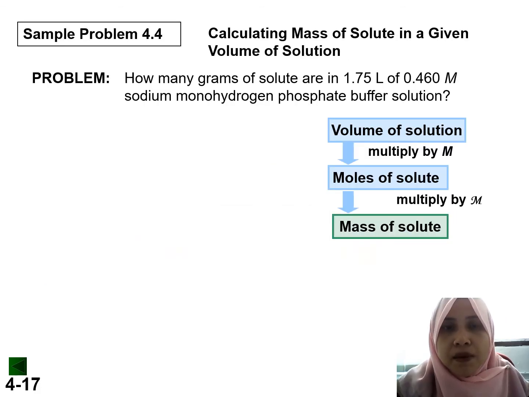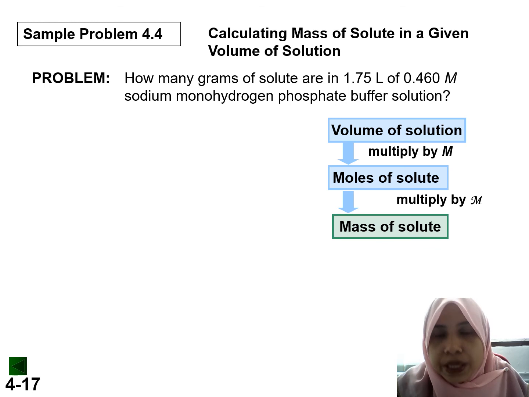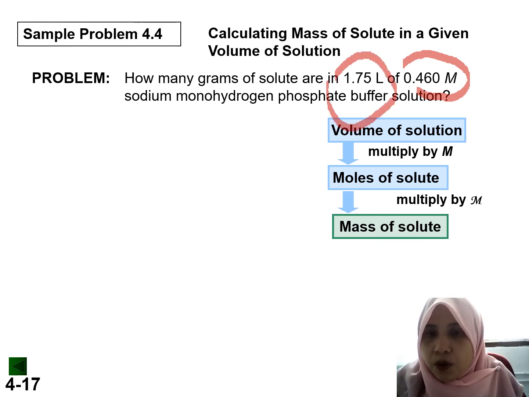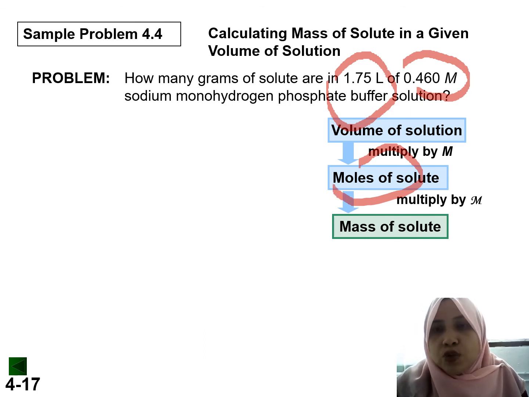Sample problem 4.4 requires you to find the mass of solute, given the concentration of the solution and volume of the solution. So what you need to do, from the concentration and volume, you can find the mole of solute. Then you need to multiply with the molar mass of the solute to get the mass of solute.